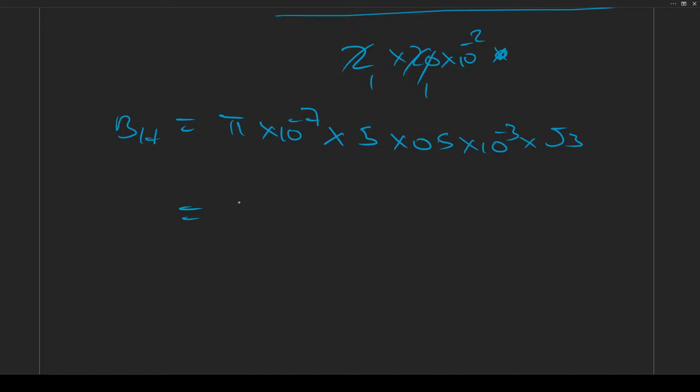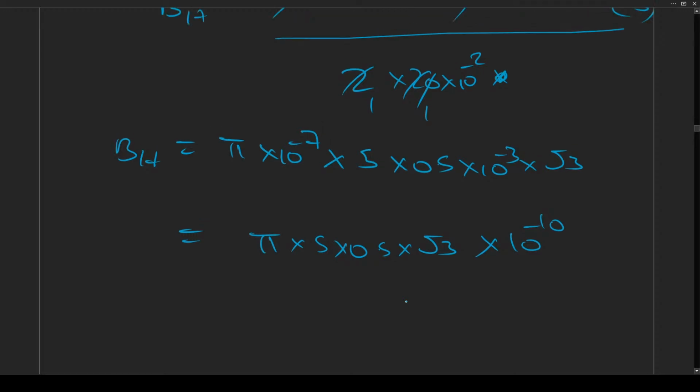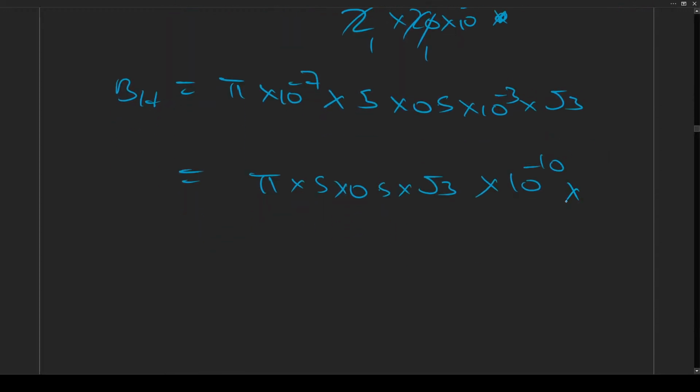First, let's take the normal numbers on one side and the 10 powers on one side. Pi into 5 into 0.5 into root 3, into 10 power minus 10, into 10 power 2.